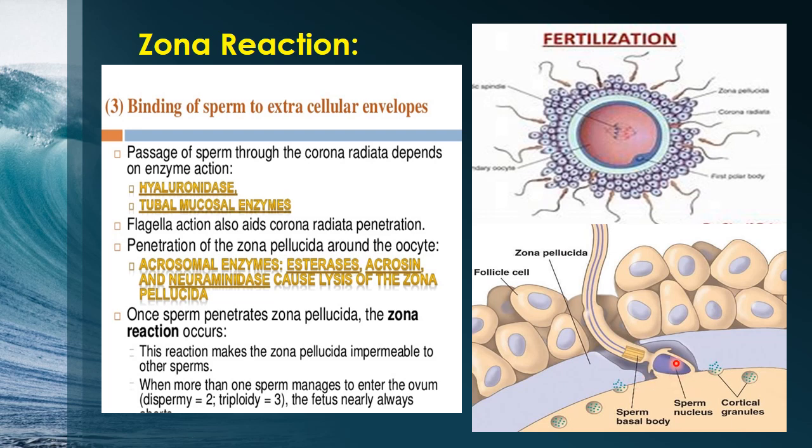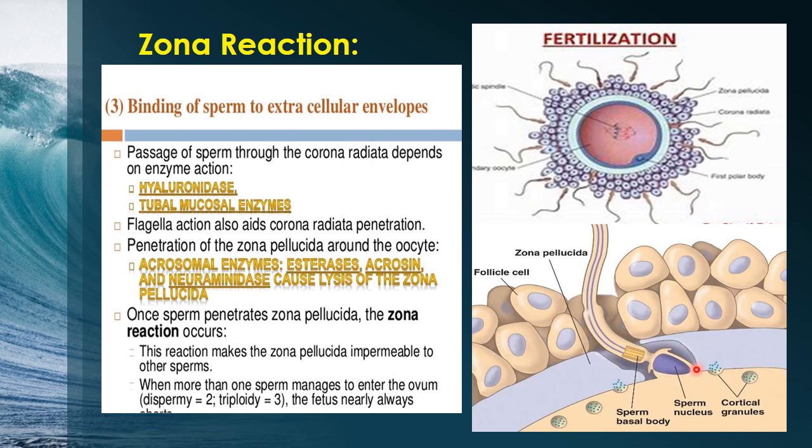Once these enzymes are released into the perivitelline space, they change the permeability of the zona pellucida layer, and it becomes impermeable to the millions of sperms which are surrounding it. So only one sperm is allowed to enter into the plasma membrane.